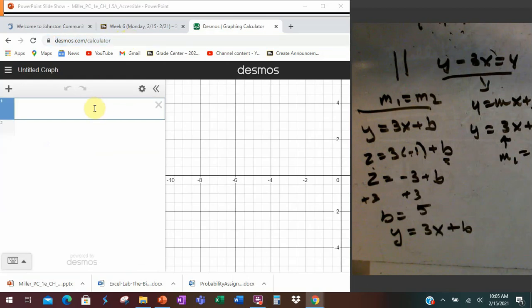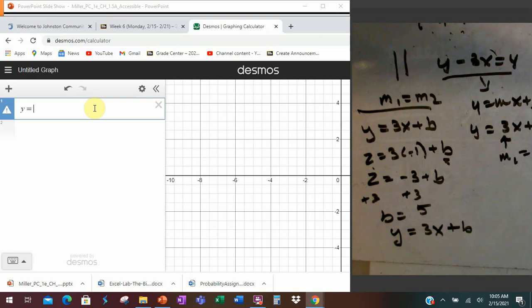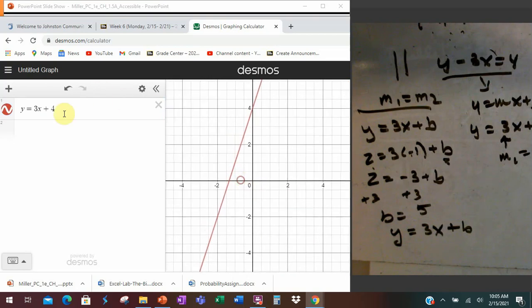Okay, and now I'm just going to type in the 2 equations. So we started out with y is equal to, once I put the minus 3x into correct form, that was the 3x plus 4. There's my first line. Let me slide this over here so we can see. And then I want to do the second one, y is equal to 3x plus 5.